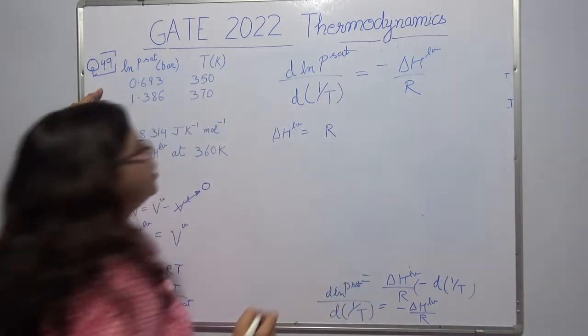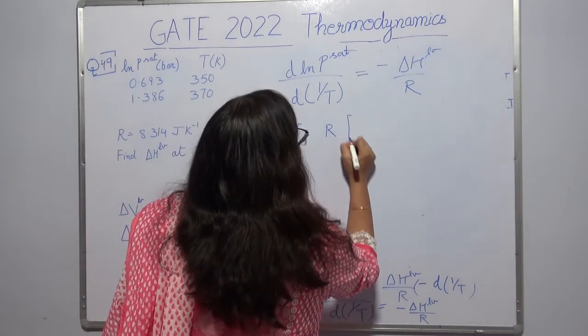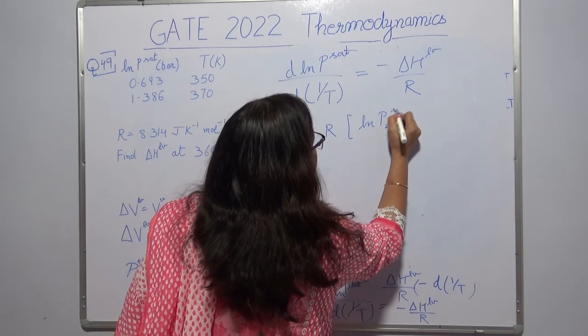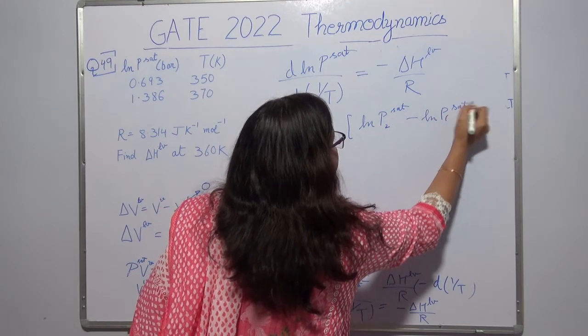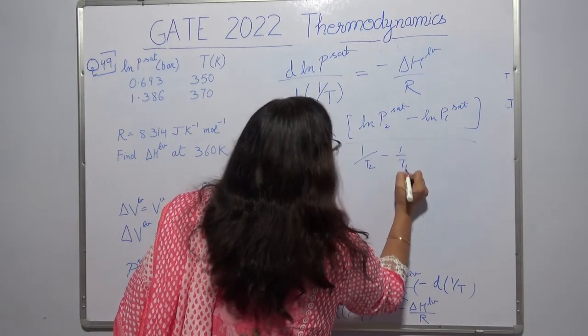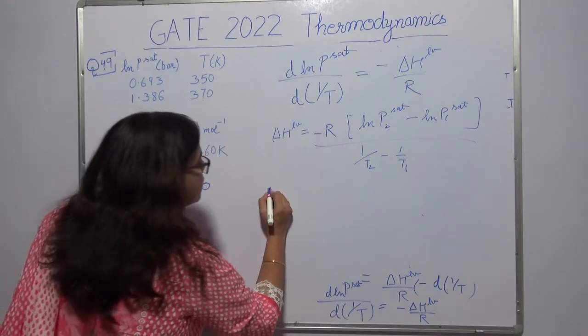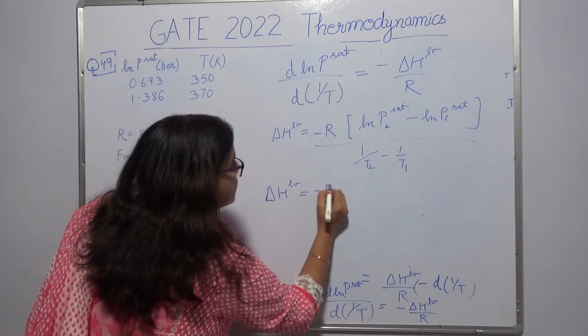Now since 2 points have been given, I will just use it in an integrated form, and I will write ln of P2 sat minus ln of P1 sat upon 1 upon T2 minus 1 upon T1. And of course you have to retain your minus sign. So minus delta H LV is equal to minus R.